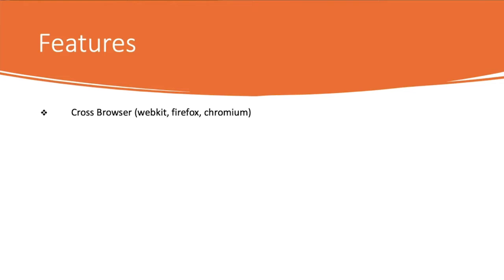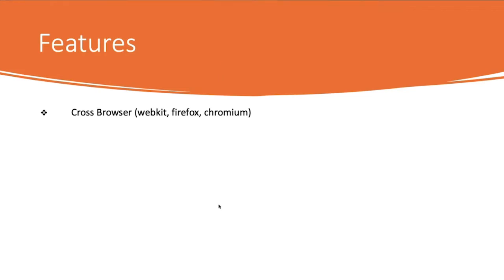And the great thing about Playwright is that it downloads these engines for you as part of the install. So you don't have to worry about having these drivers, these engines installed locally on your machine.